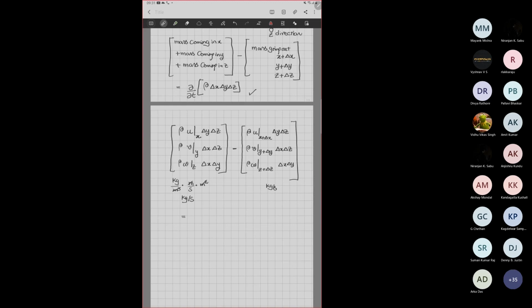Within that control volume, because of something entering in minus something leaving out, there must be some change. It might be a finite quantity, it might be zero also. Del by del t. Why del by del t? Because we fix the volume. We are not tracking individual fluid particles.